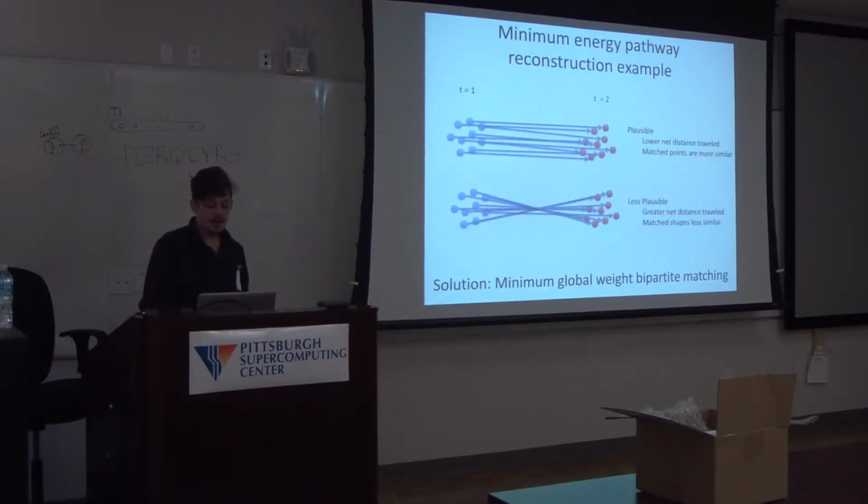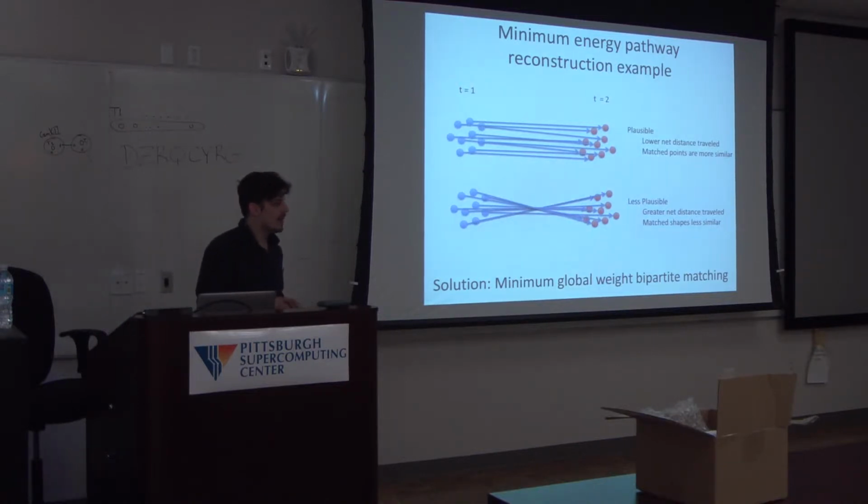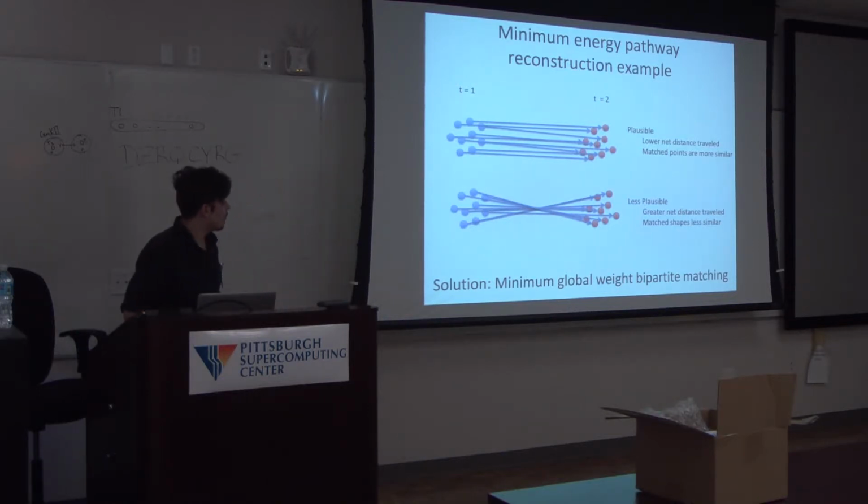And then, using this minimum energy deformation philosophy, we can take a population of cells at one time point and a population of cells at another time point and find a minimum energy assignment from all cells at time 1 to all cells at time 2, to say this is the most plausible precursor cell for cells at the next time point.